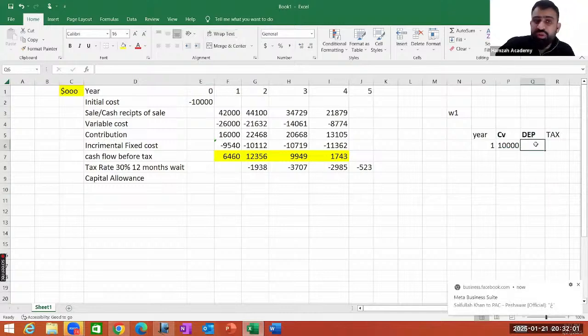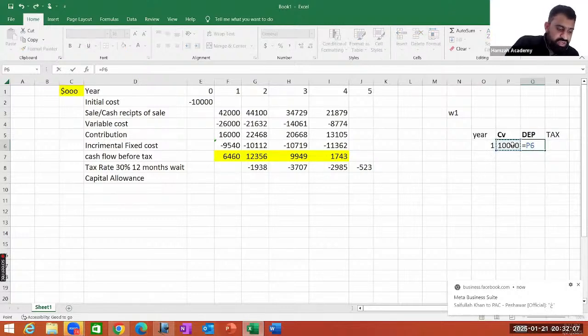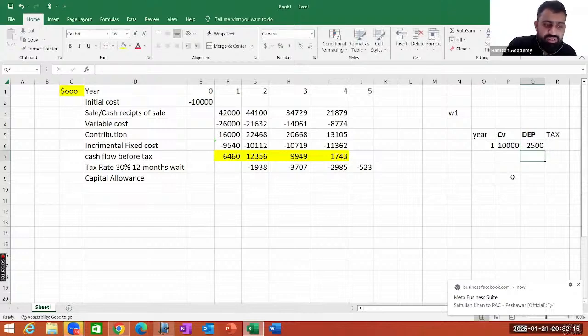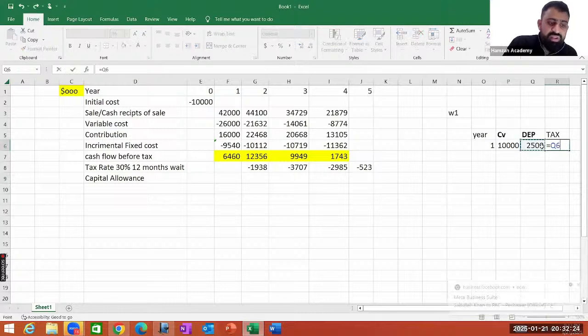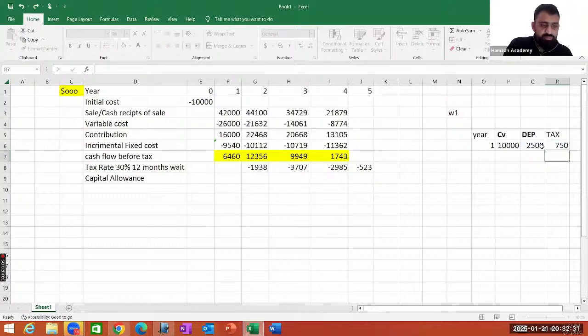And it would be told in a question that the tax authorities are providing tax relief on 25%. I'm assuming 25% reducing balance method. So you will take the 25% of 10,000 and your tax allowable depreciation is 2,500. Now on this 2,500, the company will get a tax relief according to 30%, which is our tax rate.